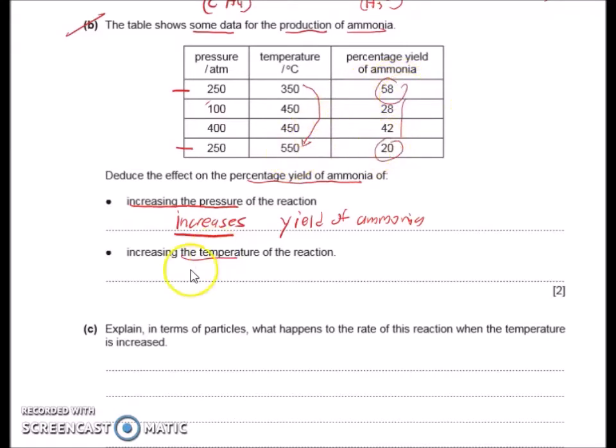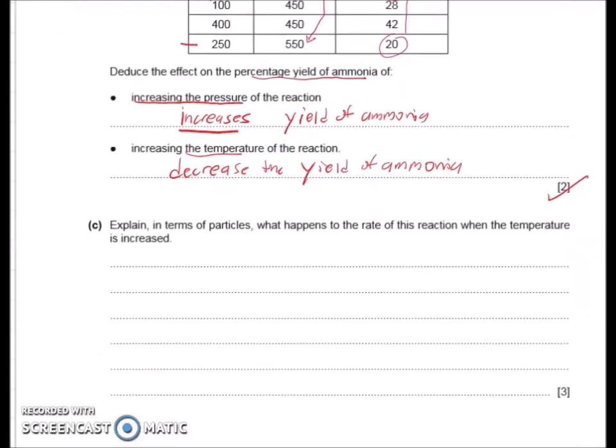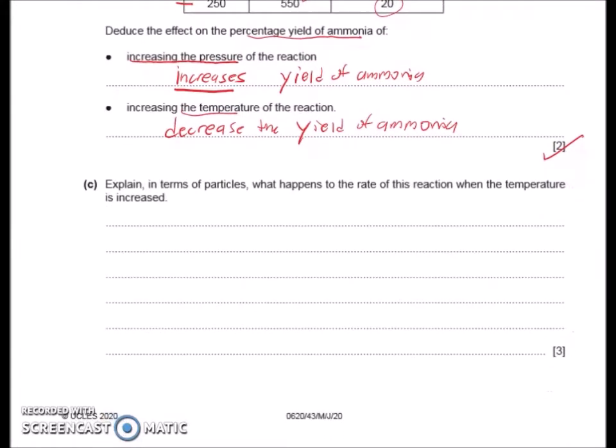It drops. Okay, so here you can say it decreased the yield of ammonia. Okay, that's 2 marks for you. Okay, now let us carry on with the next question.